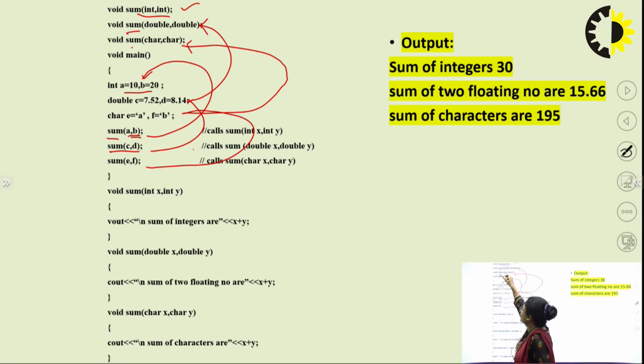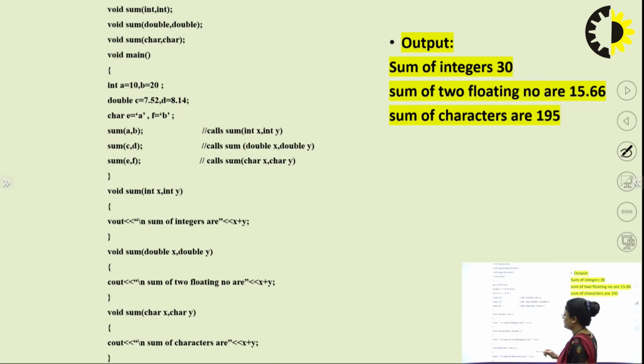Though we have the same function name, the decision of which one will be called is handled at compilation time, on the basis of the data type of the arguments passed when the function is called. Now let us come to the function definitions. In the sum function, we are passing 2 integer arguments x and y.